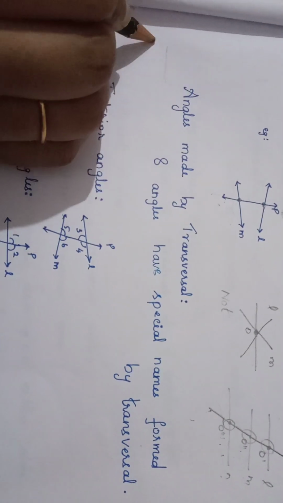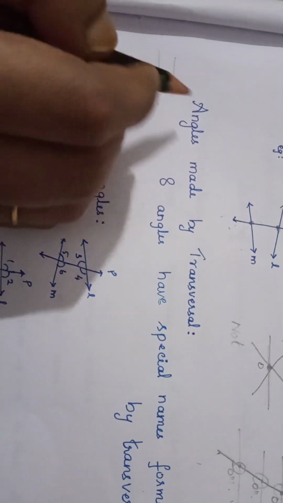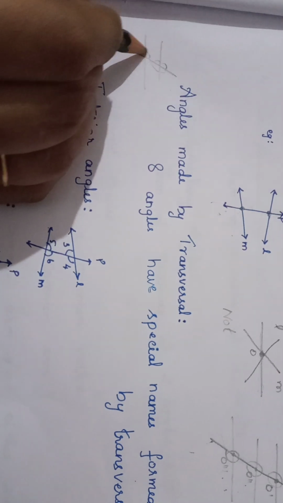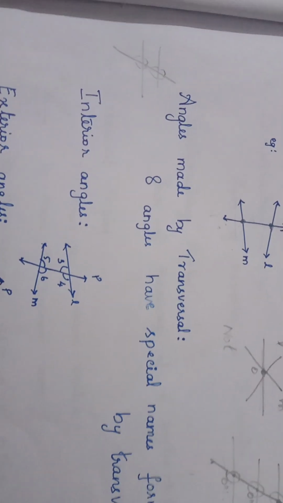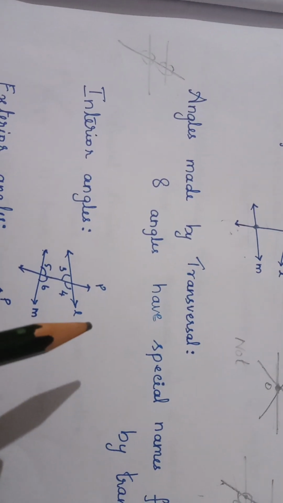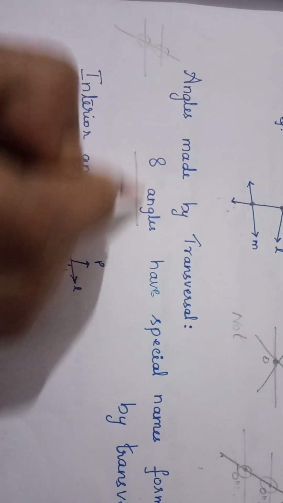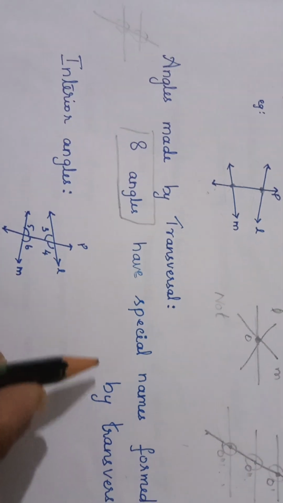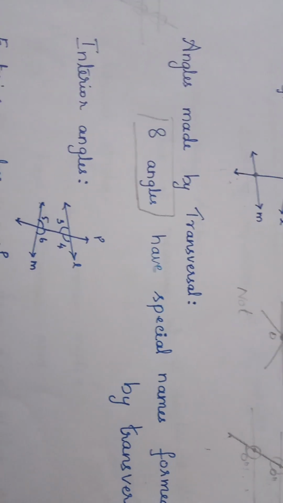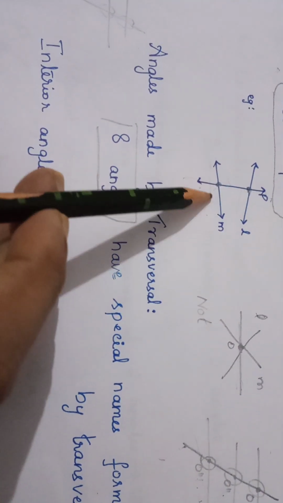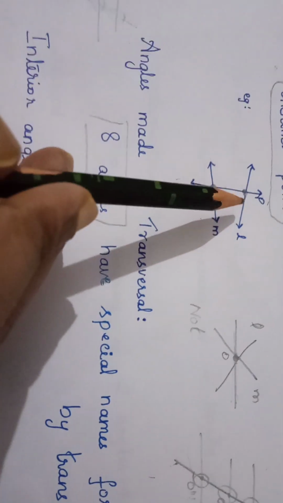Angles made by a transversal. If the lines are cut by a transversal, then that generates 8 angles here. Okay, can you see here? We are going to see it in detail. You should understand that there are 8 angles, which have special names, formed by the transversal. If a transversal cuts any two lines, basically any two lines, it can be 3 or more also.